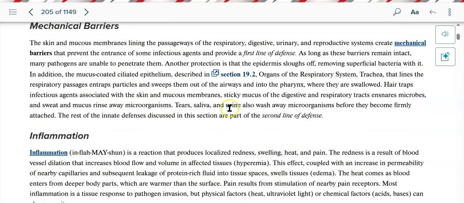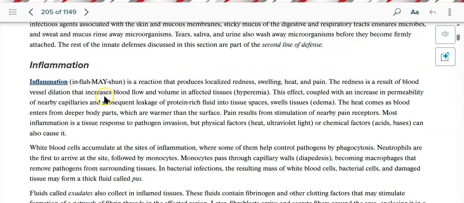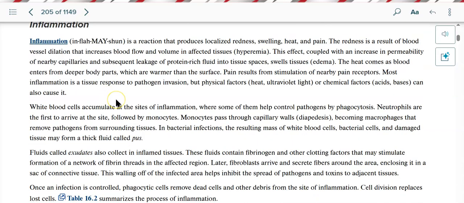So those include inflammation. I'm sure you're familiar with something becoming inflamed, swollen, red, hot. Inflammation is a reaction that produces localized redness, swelling, heat, and pain. The redness is because the blood vessels dilate, so you get more fresh blood flow into the tissue. With that, there's more volume of blood, so you get some swelling.